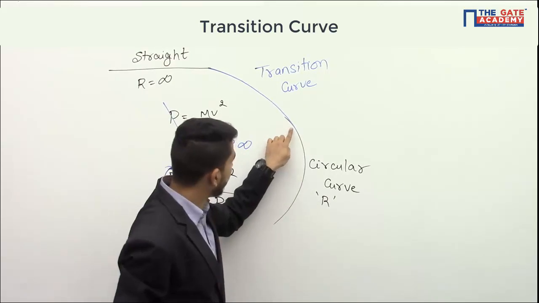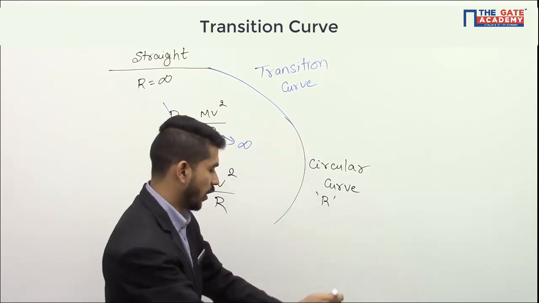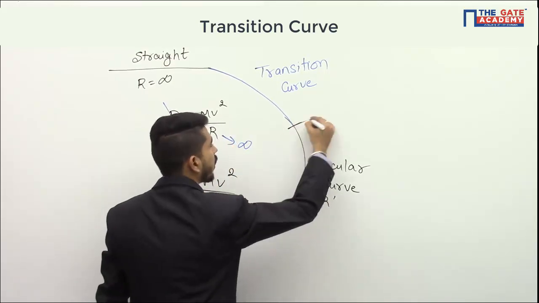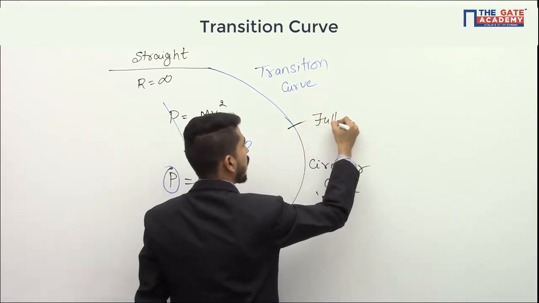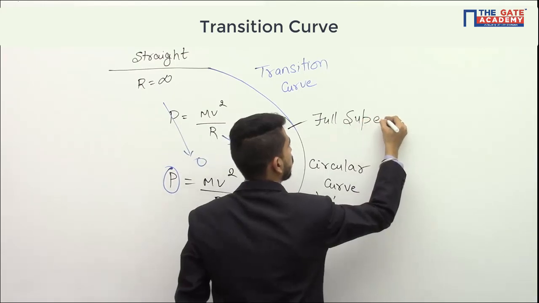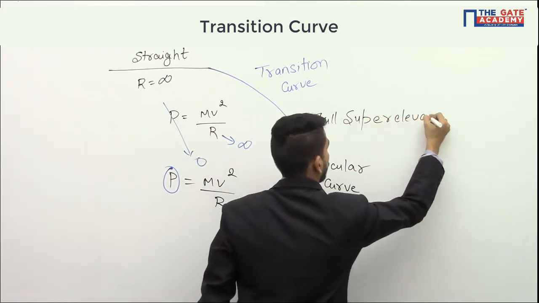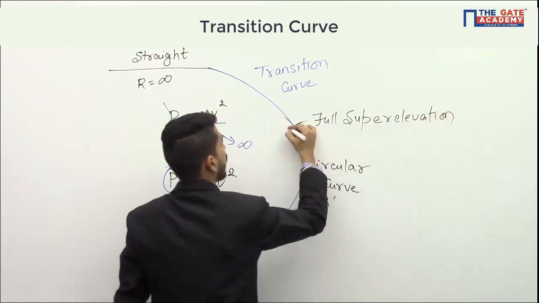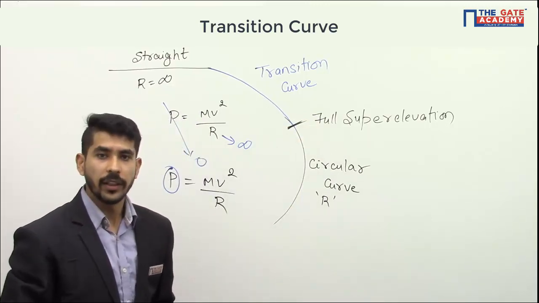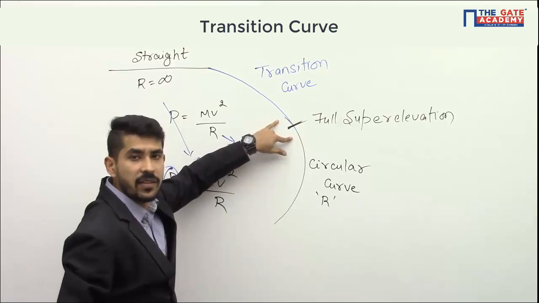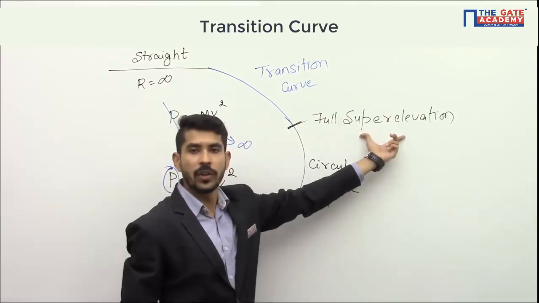And till this particular point, where the circular curve starts, we will make sure that the full value of super elevation is achieved. Full super elevation is achieved at this particular point, right? So, the second thing is this one.